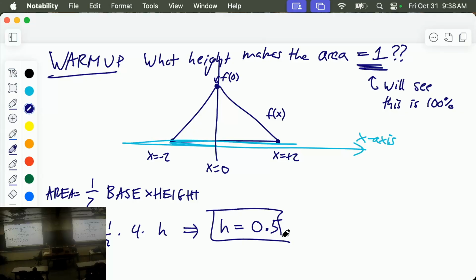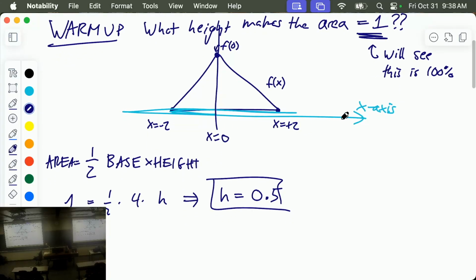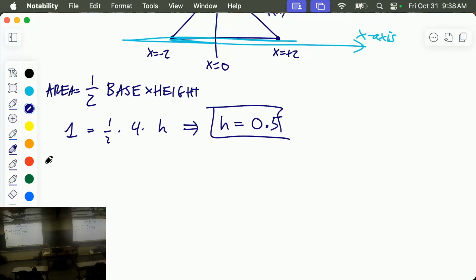Okay, very nice. So why do we care about this? We're going to move on to calculating probabilities using areas. And this is a new type of random variable called a continuous random variable. And we also have some nice slides over here, but I'll give you my little chalkboard definition.